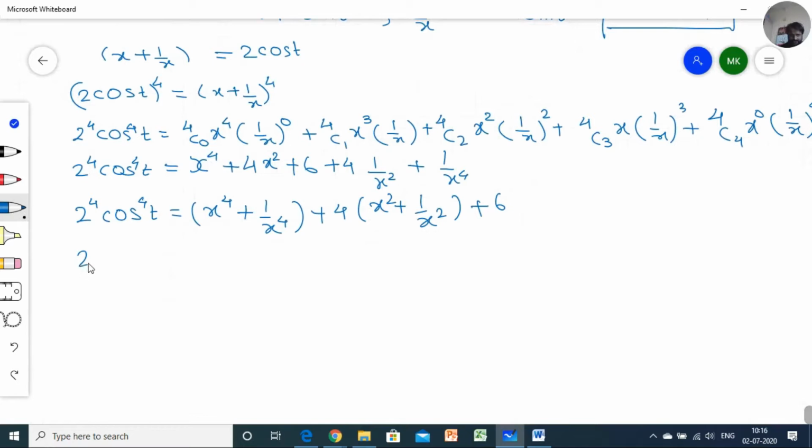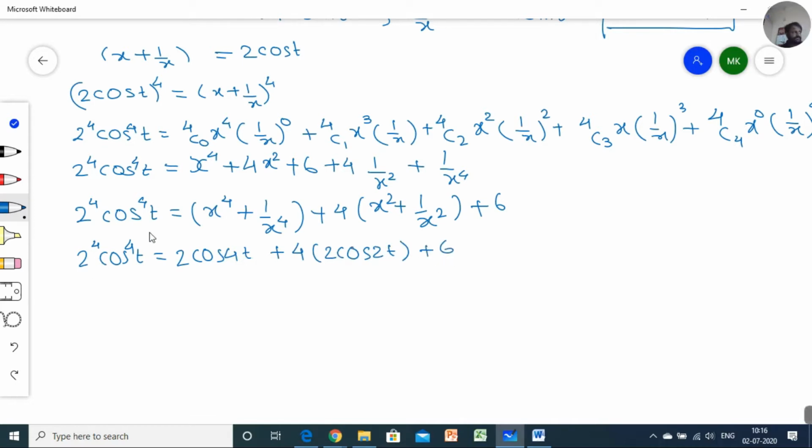So 2 raised to 4 cos raised to 4t is equal to 2 cos of 4t plus 4 into 2 cos of 2t plus 6.